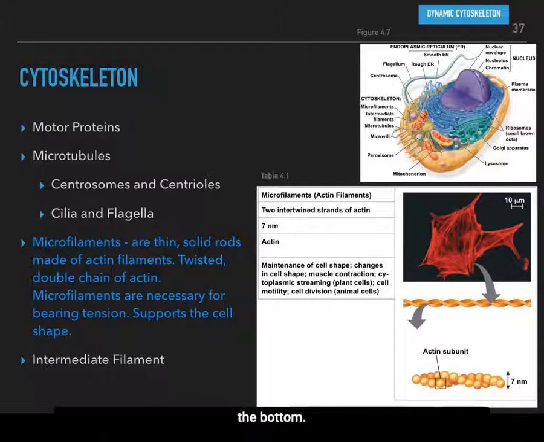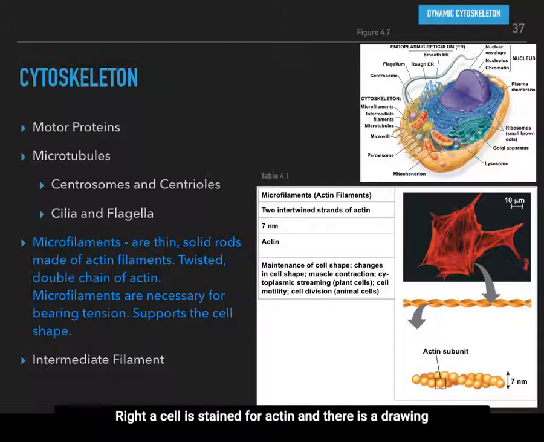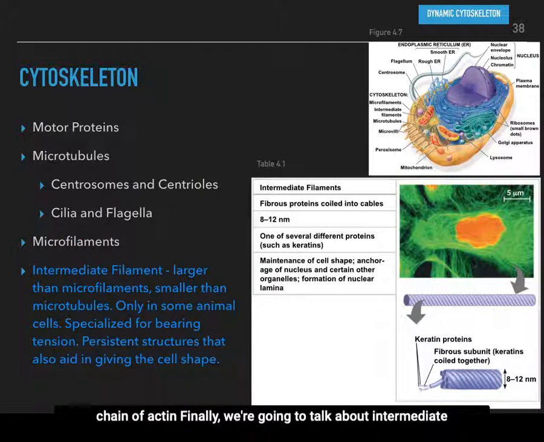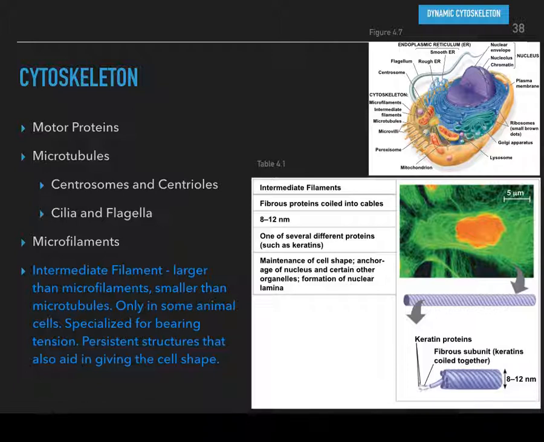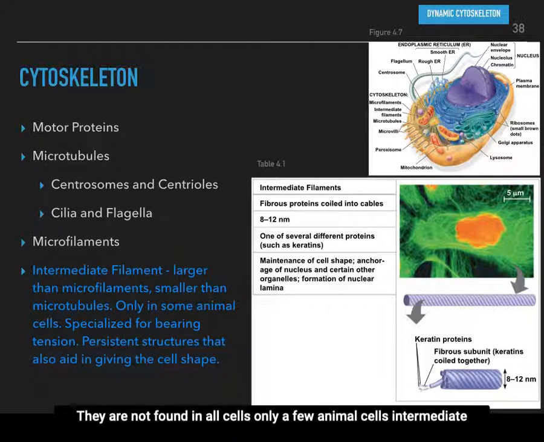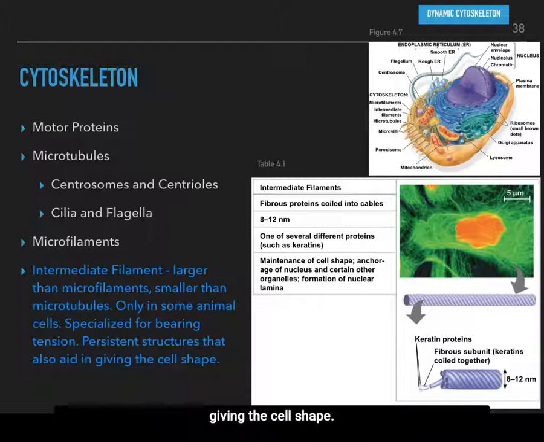In the image on the bottom right, a cell is stained for actin, and there is a drawing of the twisted double chain of actin. Finally, we're going to talk about intermediate filaments. These are larger than microfilaments, but smaller than microtubules. They are not found in all cells, only a few animal cells. Intermediate filaments are specialized for bearing tension and aid in giving the cell shape.